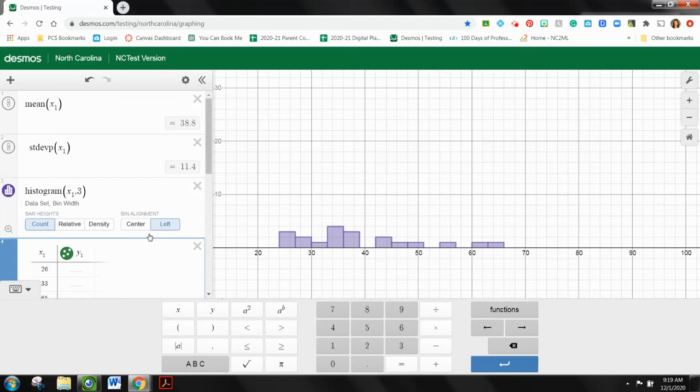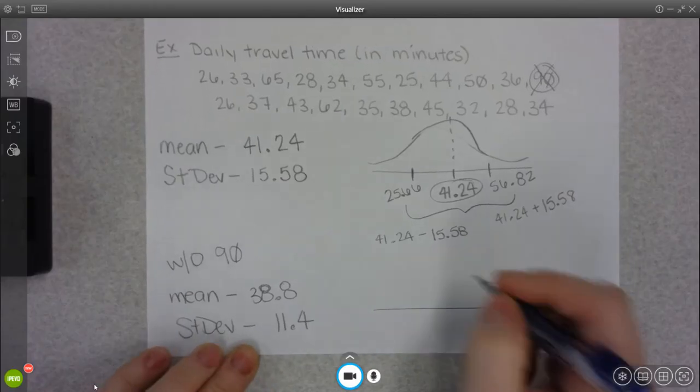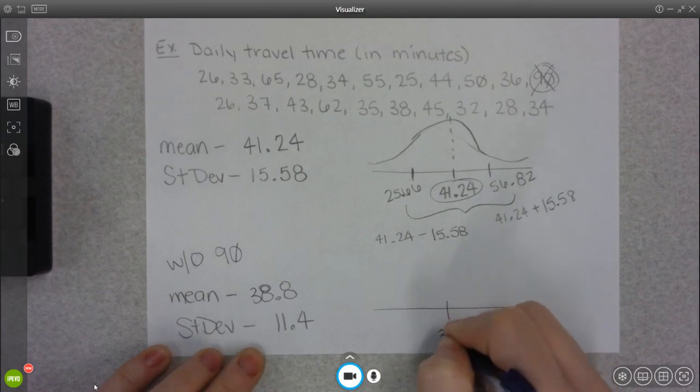My mean is now 38.8, and my standard deviation is now 11.4. Taking out that gigantic number that looked like it was probably an outlier has dropped both the mean and the standard deviation significantly. So coming back over here, here's my mean of 38.8.